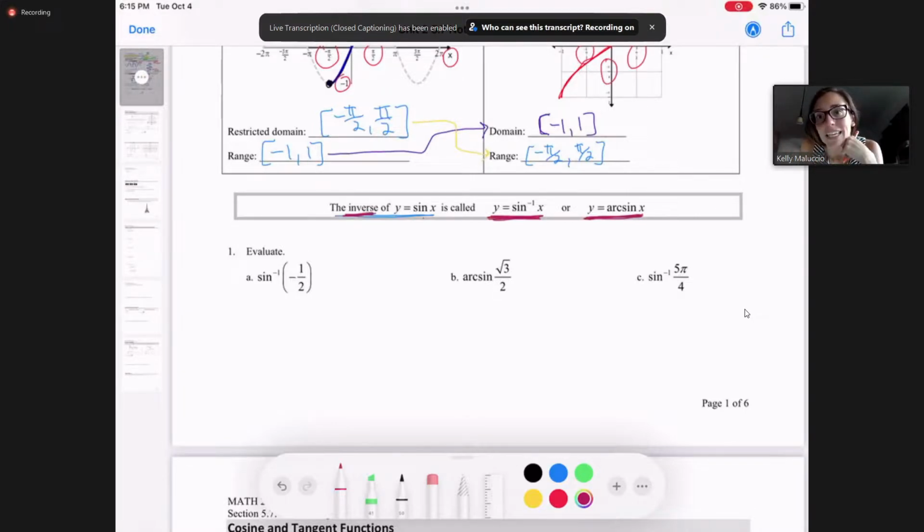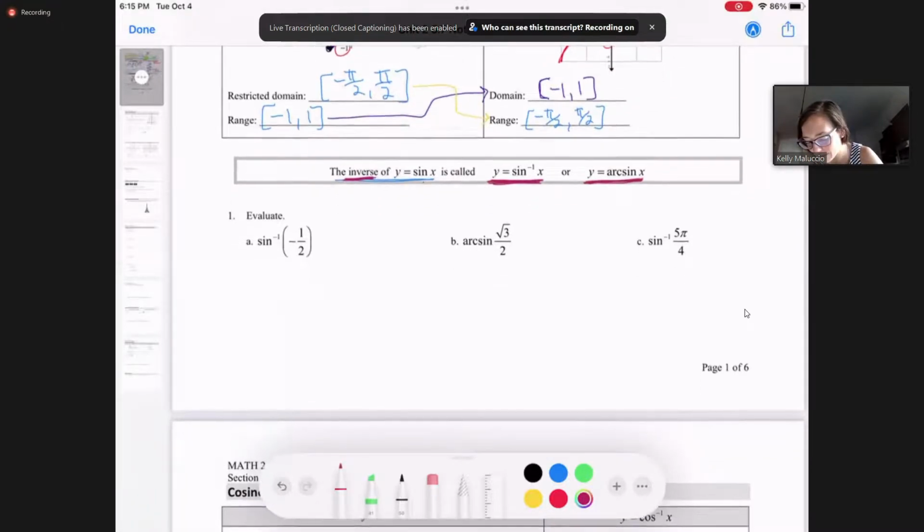It's actually taking an inverse. It means something completely different.